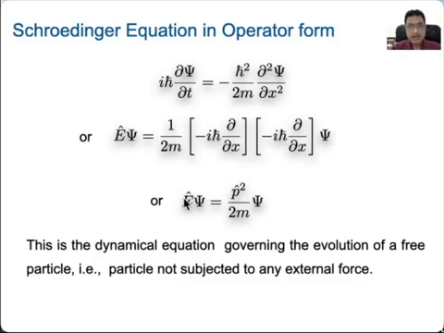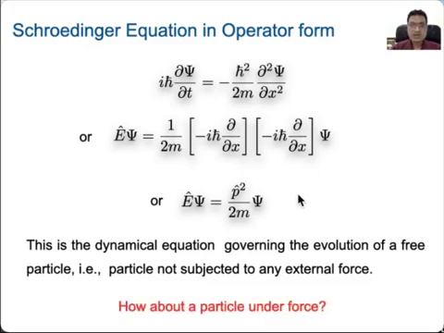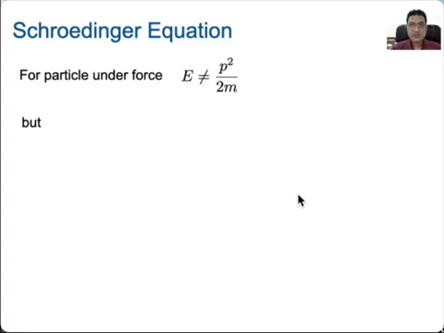Note that here the particle is not subjected to any external force because it is a free particle. So there is no potential term which corresponds to any kind of external force. Okay. So let's talk about what happens when the particle is in the presence of some force, or the particle is under force. Okay.